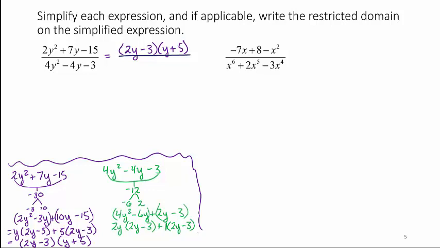Okay, so 2y minus 3 is still common to both of those terms, right? So I can factor it out now. So I have 2y minus 3 times what's left over, 2y plus 1. Okay, so then I have 2y minus 3 in the denominator times 2y plus 1.